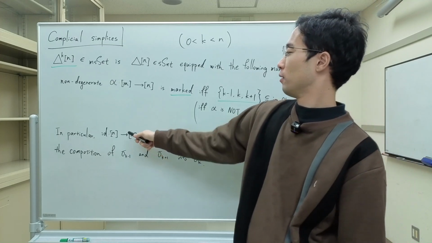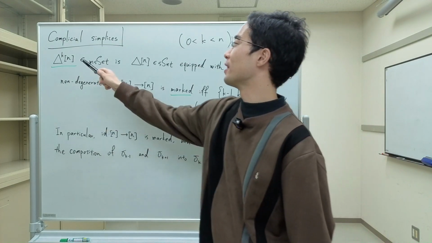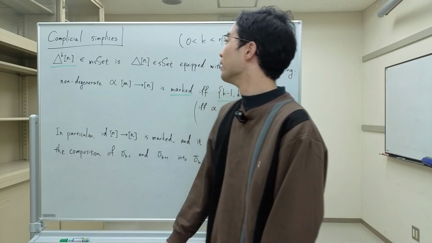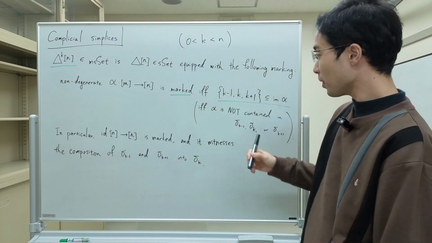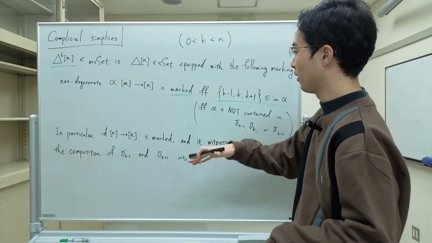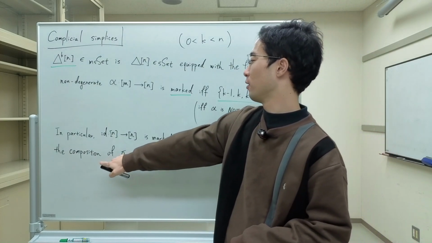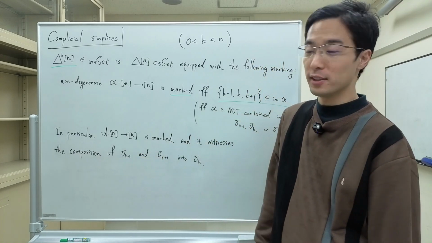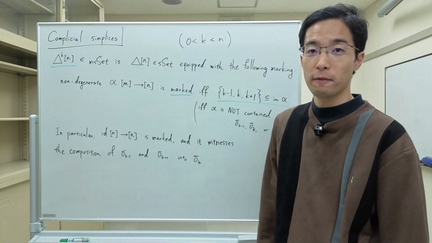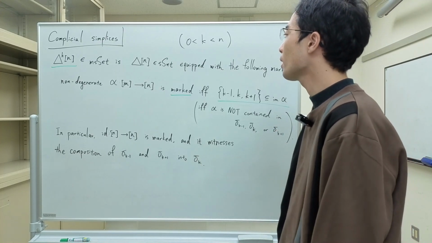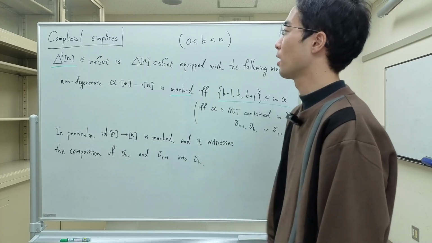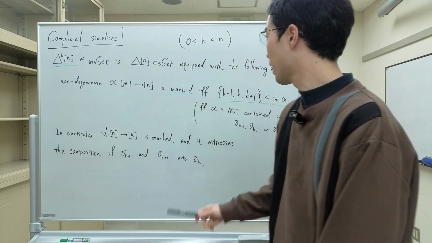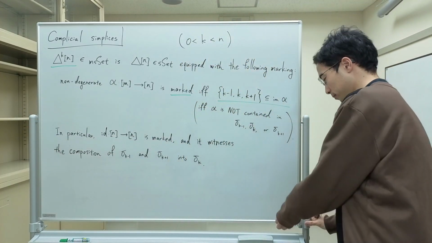Either way, the interior n cell or n simplex of this marked simplicial set witnesses that the composition of the k minus first and k plus first faces yields the kth face. So this is the sense in which this particular marked simplicial set encodes a kind of composition.